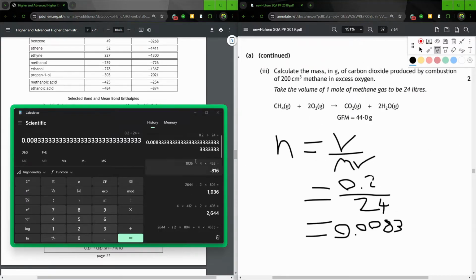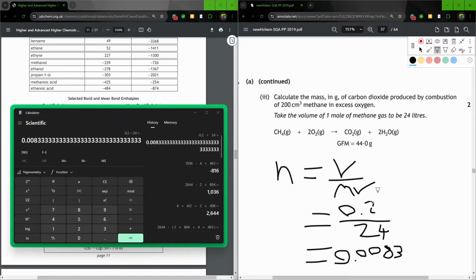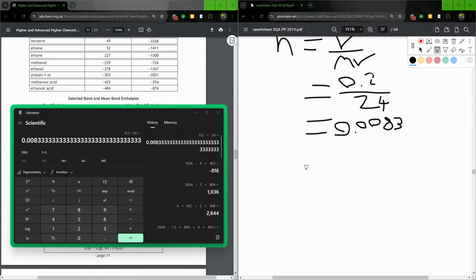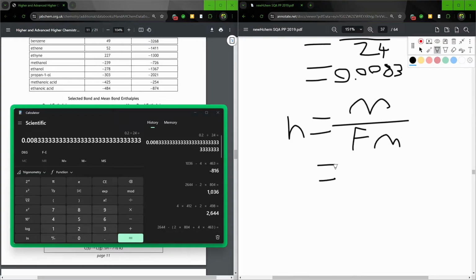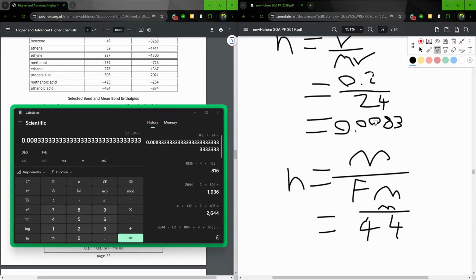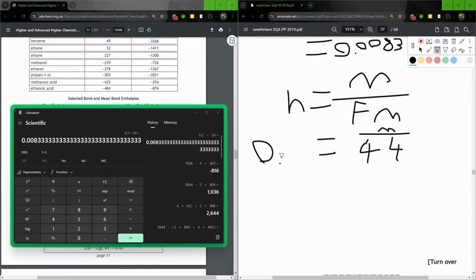Fantastic. So now that we know the amount of moles of methane we have, we can extrapolate to carbon dioxide. We can use n equals m over Mr. Now it actually tells us the formula mass is 44, and we know the moles thanks to our molar volume.